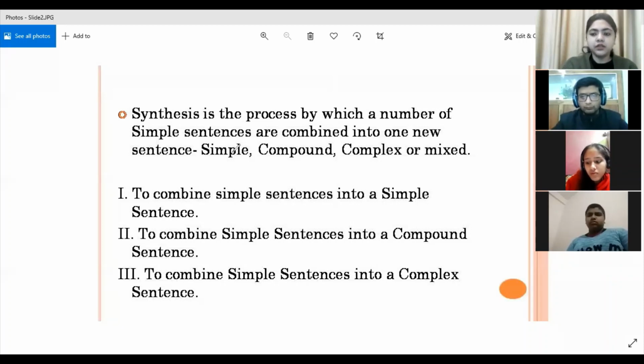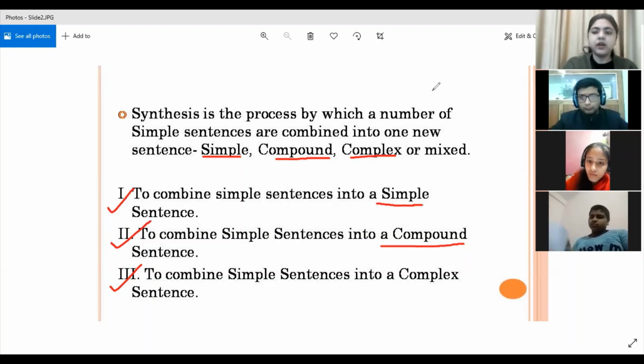But here in your syllabus you have only these three sentences, so we will learn how to combine simple sentences into a simple sentence, how to combine simple sentences into a compound sentence, and how to combine simple sentences into a complex sentence, right? So synthesis means basically to combine.